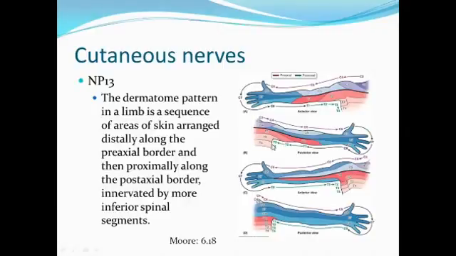So it's a map of the common distribution for cutaneous innervation, and you can see that as we go along the pre-axial border we're moving distally, and as we go along the post-axial border we're moving proximally.